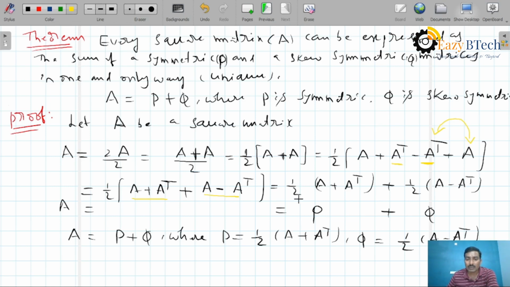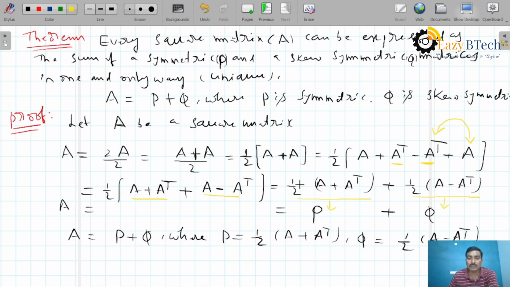Here I denote 1 by 2 into A plus A transpose by P, and 1 by 2 into A minus A transpose by Q. Then A can be written as P plus Q, where P is 1 by 2 into A plus A transpose and Q equals 1 by 2 into A minus A transpose. Okay, that's it. Here we find P and Q.